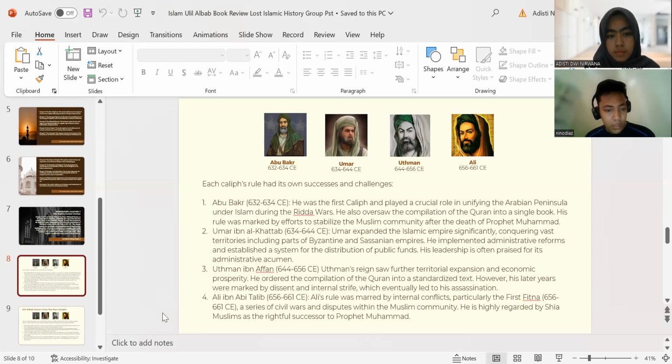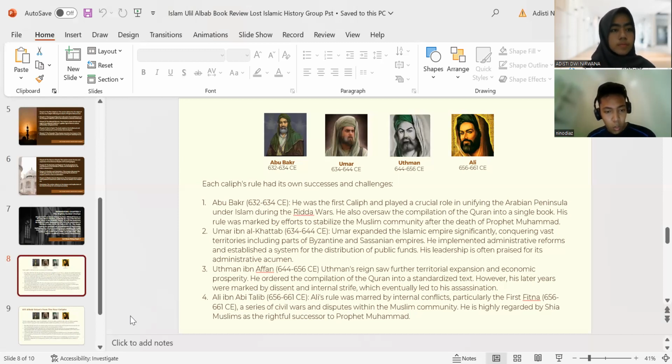However, his later years were marked by dissent and internal strife, which eventually led to his assassination. And the fourth is Ali bin Abi Talib, 656 until 661 CE.